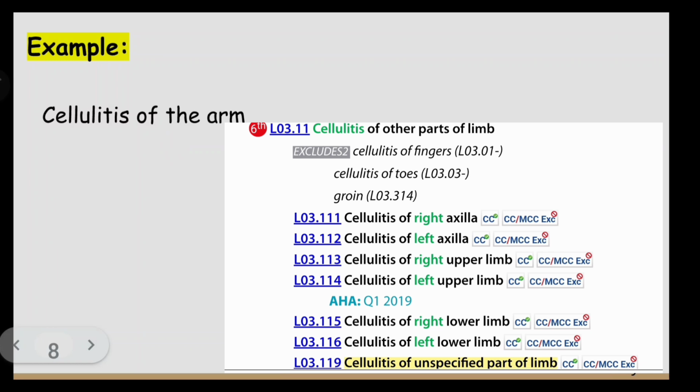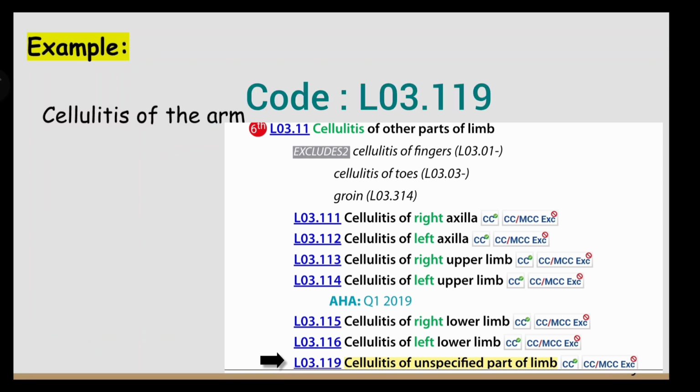So we have to report the code L03.119. That is for cellulitis of unspecified part of limb. If they had mentioned right or left, then we would have coded other codes. But they have not specified whether it is the right or left arm. So we are using the code cellulitis of unspecified part of the limb.